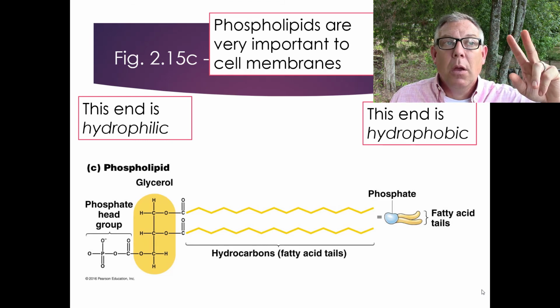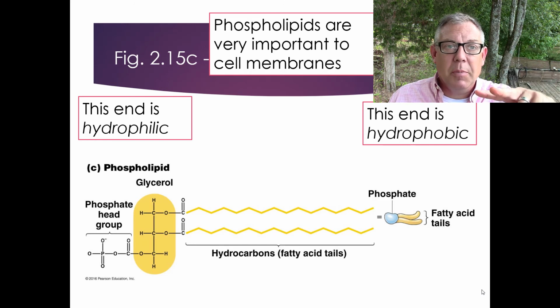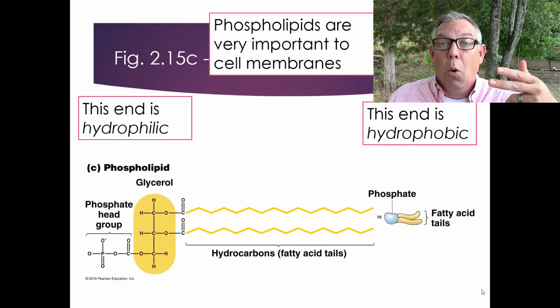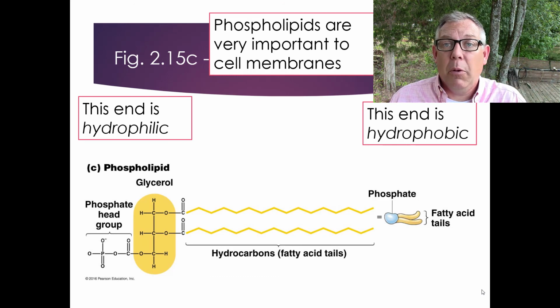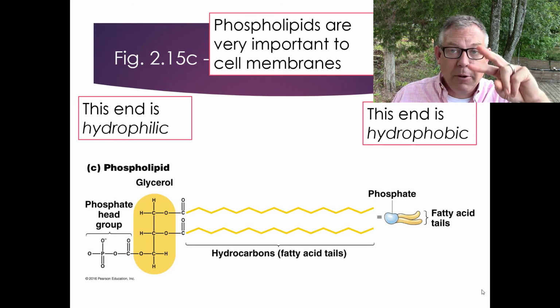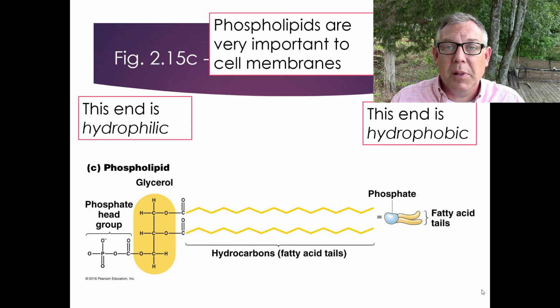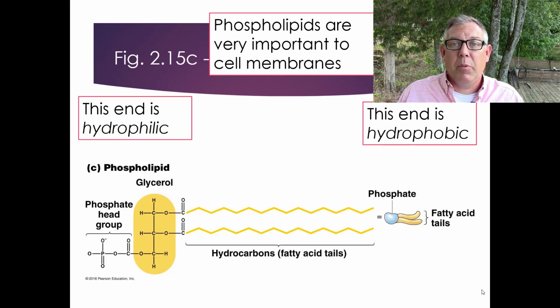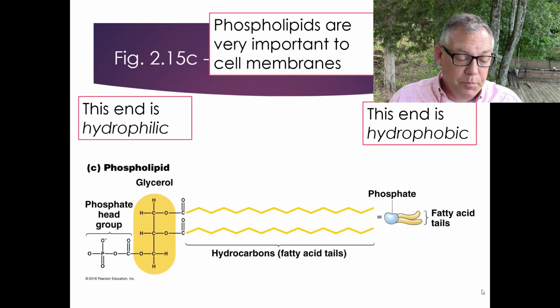Remember what we said about hydrocarbons. When we introduced hydrocarbons, we said things like oil and gas. Oil and gas don't play well with water. They don't mix well with water. So the end of the phospholipid that has the hydrocarbon tails is not going to play well with water. But the phosphate does play very well with water. So the end that has the phosphate is hydrophilic.